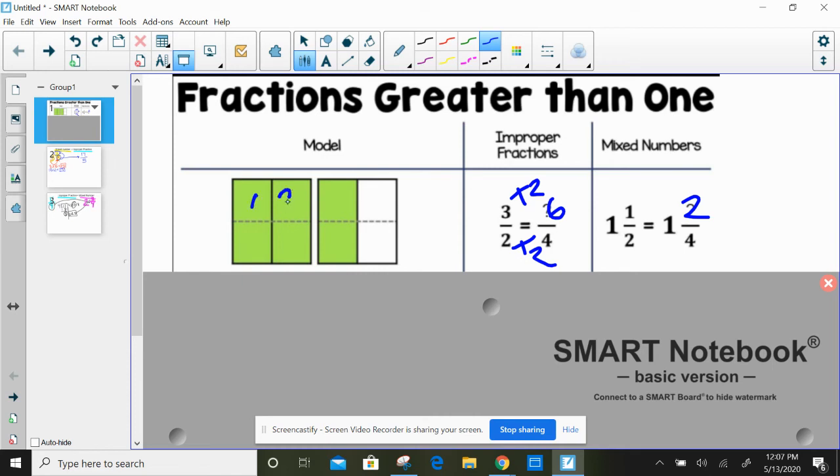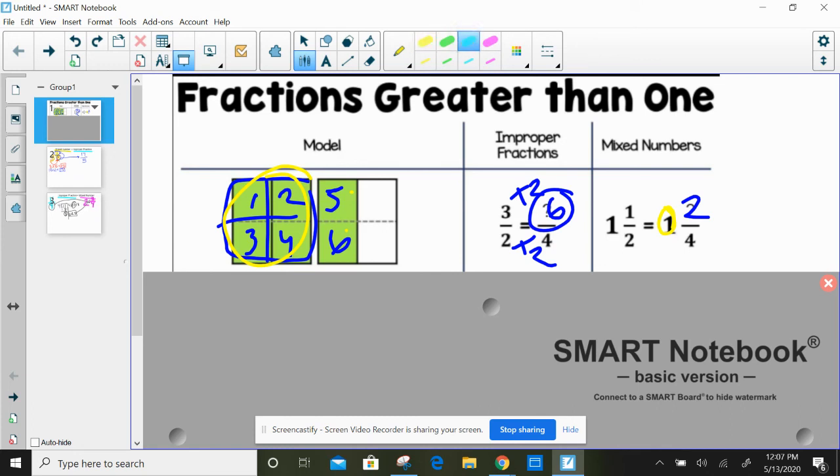See, we have 1, 2, 3, 4, 5, 6 fourths. Fourths just means these are all broken into 4. Okay, here we have 1 whole, and 2 fourths. Okay, now we can double check it by saying, is 3 over 2 equal to 1 and 1/2, like we did here?